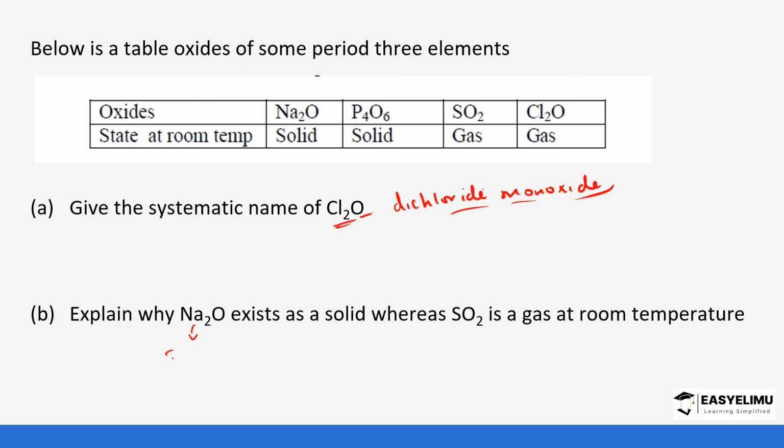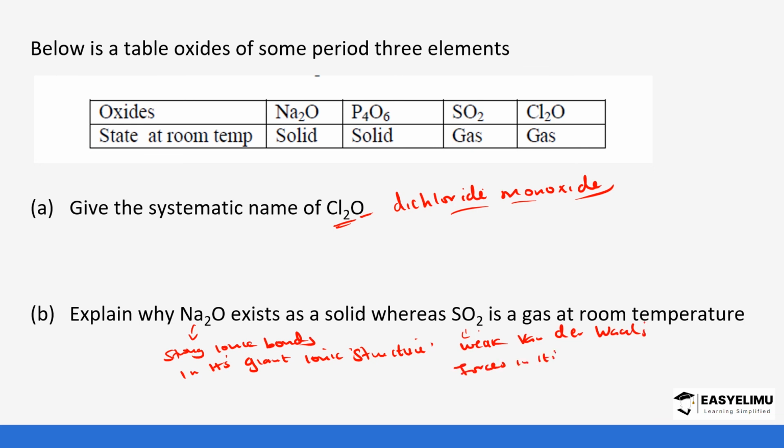Sodium oxide is bonded by strong ionic bonds in its giant ionic structure, while sulfur 4 oxide is bonded by weak van der Waals forces in its molecular structure. So the ionic bonds are stronger than the weak van der Waals forces.